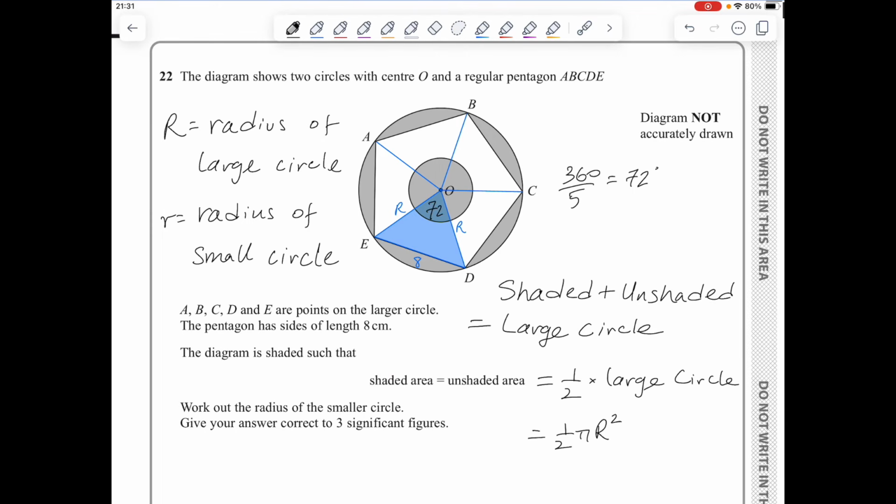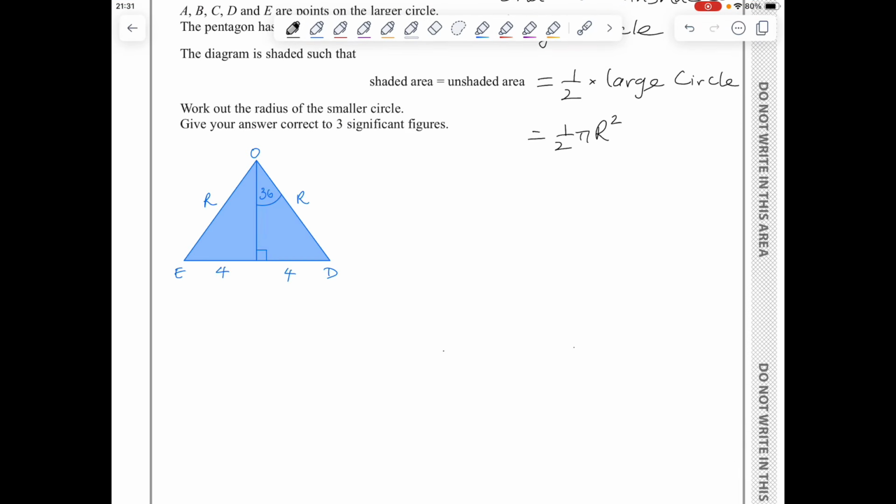So this is angle 72. Let's extract that triangle on the side. Note that I have divided this triangle into 2 right-angled triangles with a base of 4 and a hypotenuse of r. The angle at the top of each triangle is 72 divided by 2, which is 36.